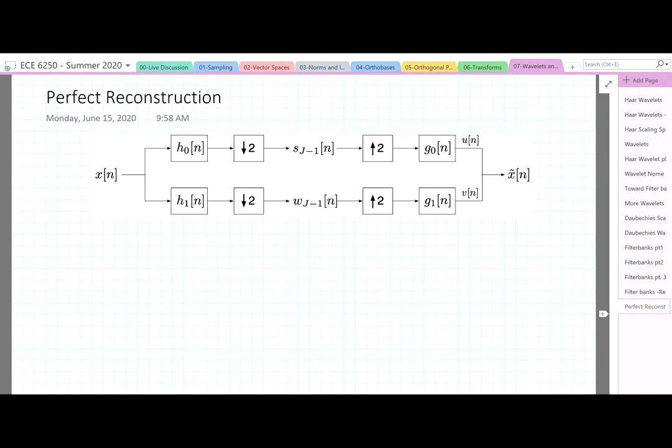And so we will require x tilde of n equal x of n minus m for some delay m, and that's generally okay.